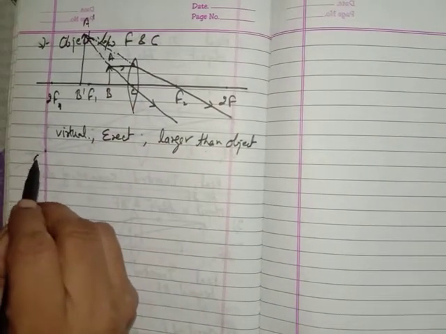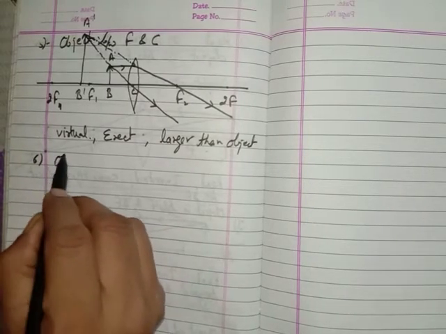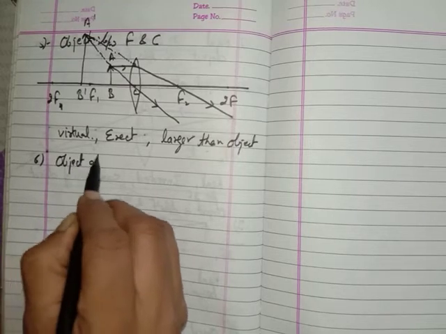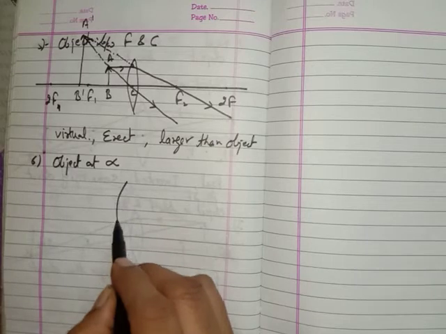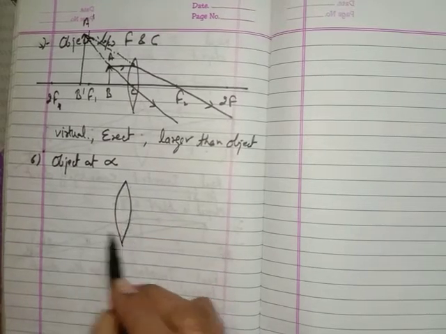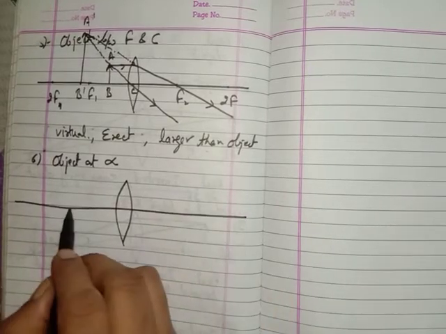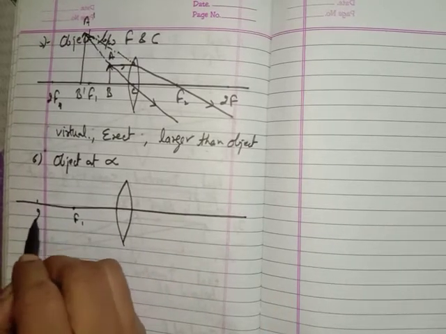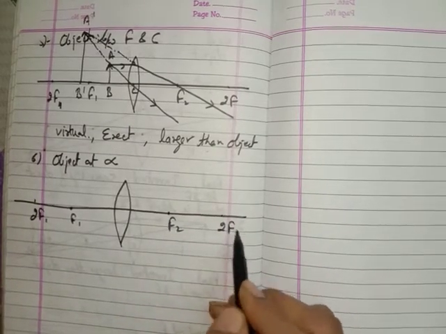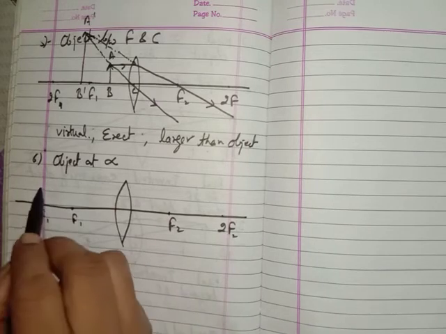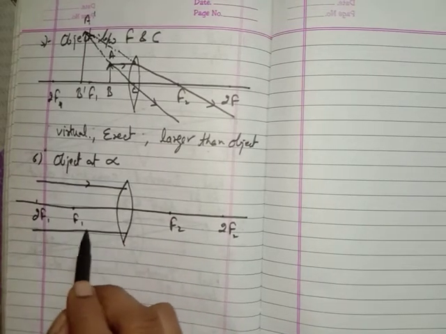And the next one, when we place the object at infinity. What type of image will be formed when we place the object at infinity? The light coming from infinity is always parallel because it is traveling a long distance. These are the two light rays coming from infinity towards the convex lens.